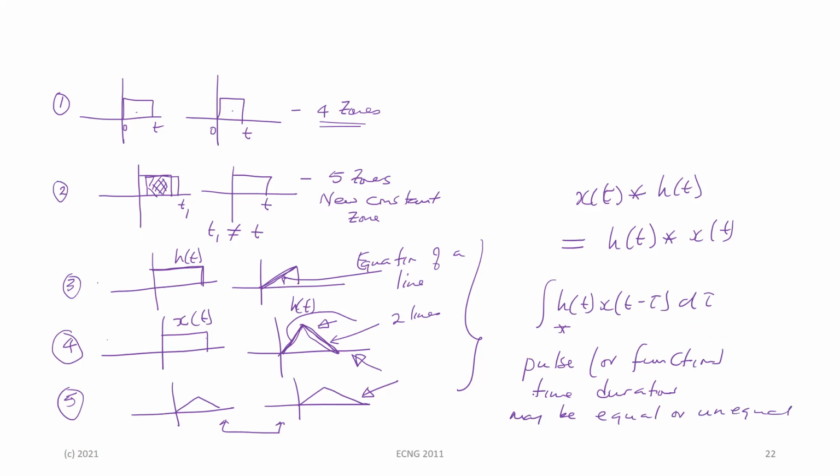If they are equal, then you would have a certain number of zones. All right. If they are not equal, then you're going to have one more zone because of the overlap. The rectangles have 4 and 5 zones. This one similarly will have 4 and 5.